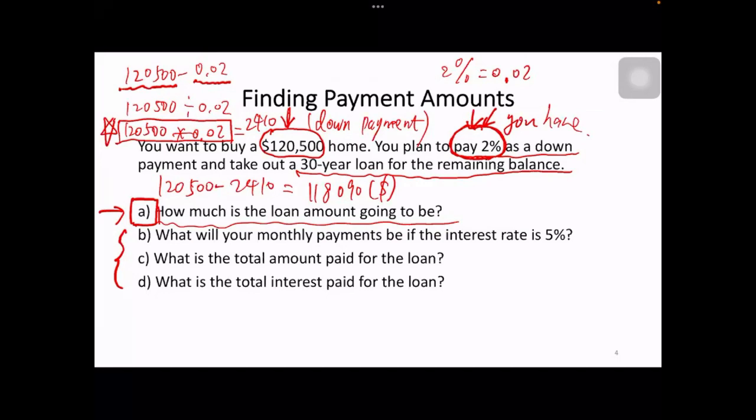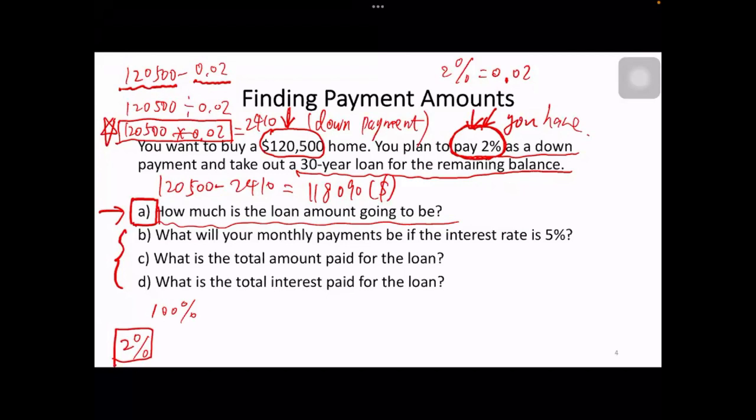If you consider the loan amount as 100%, which is a 1, okay, we consider that as a unit, and then 2% of the total house value, that's the money you have.